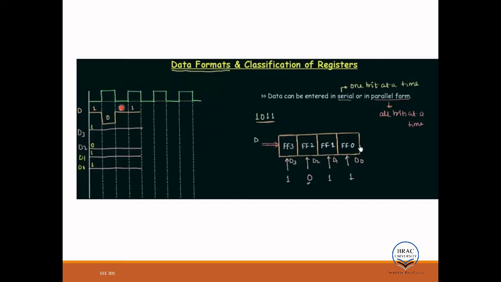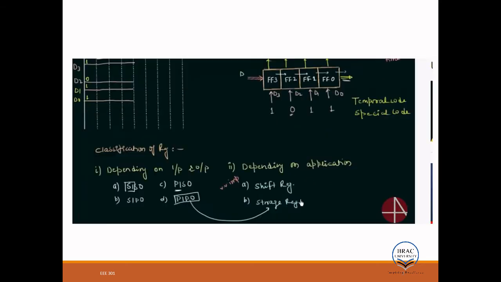So if your override is low, that means this got low, so your preset got activated. So preset will set the value here to 1, so your q0 will be 1, and previously here your value was 0, so q1 will be 0, q2 0, q3 0. So all are shown in green color, so 1 0 0 0 is the output of the fourth flip-flop.